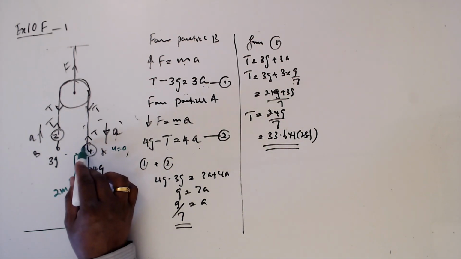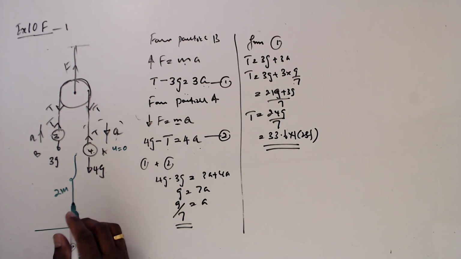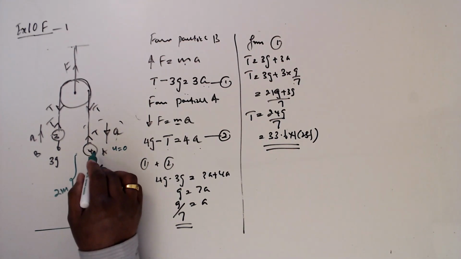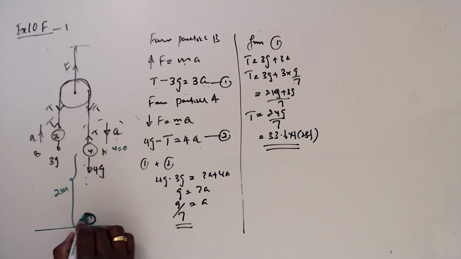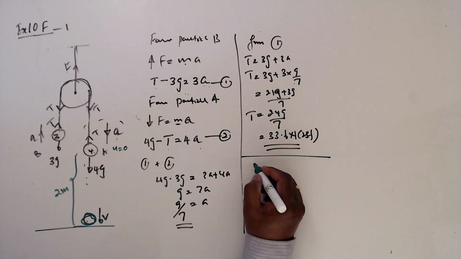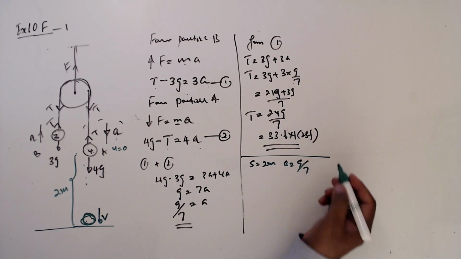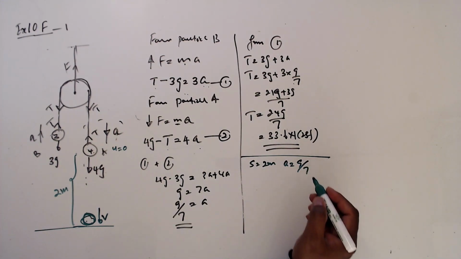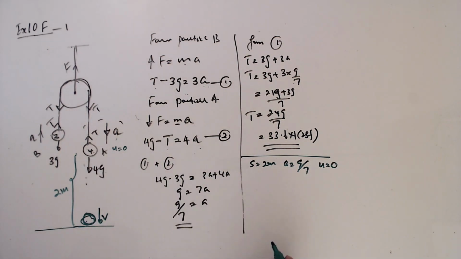So when this particle travels 2 meters it hits the ground, and we need to find the speed V when it hits the ground. So we know s equals 2 meters, a equals g over 7, and u equals 0, it is starting from rest.